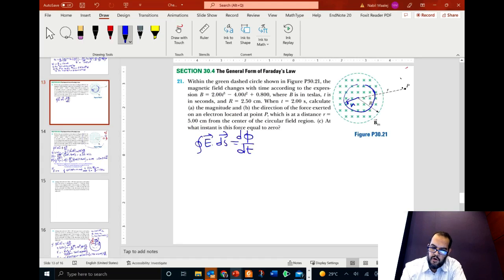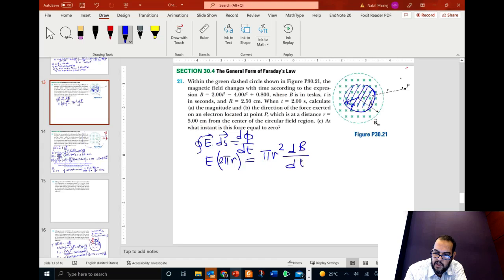So this will simplify to E times the integral of ds, which is the circumference of the circle, 2 pi r. This is going to be equal to the flux. So the flux is going to be the area, pi r squared, times the derivative of the magnetic field with respect to time.